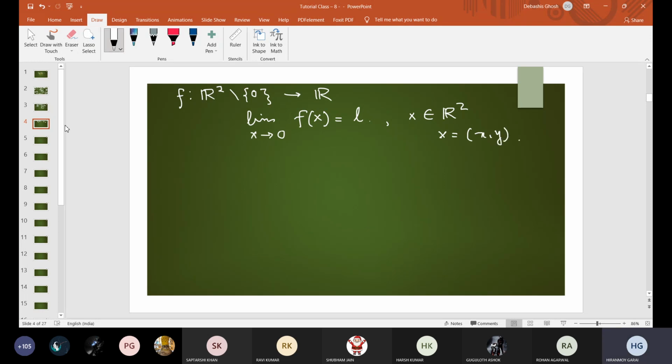Then, by the epsilon delta definition, that means mod of f of x minus L is less than epsilon when mod x is less than delta, for all those x satisfying this.